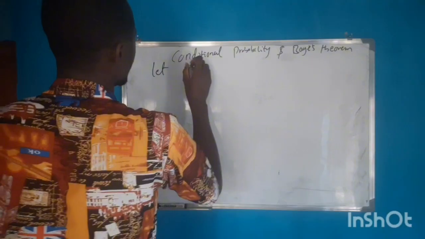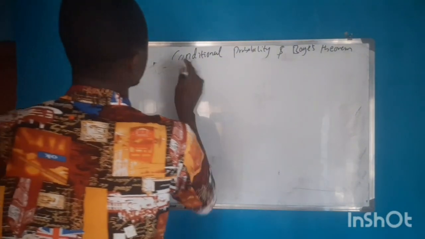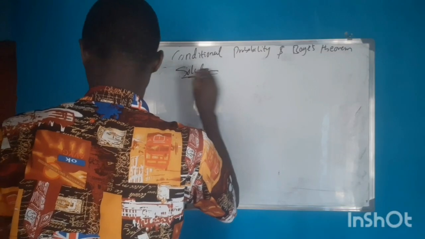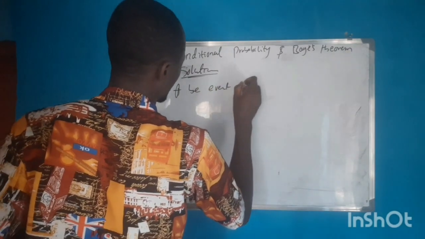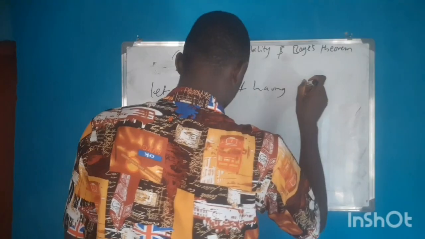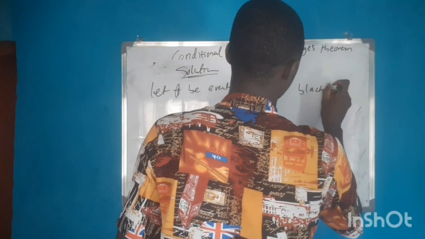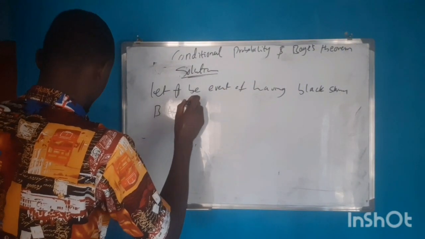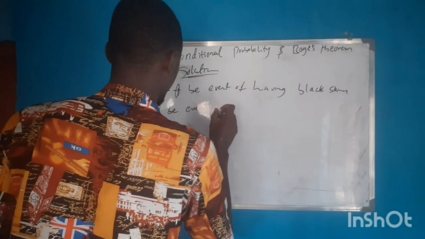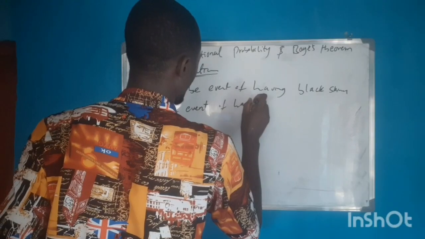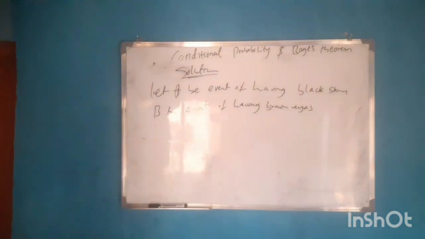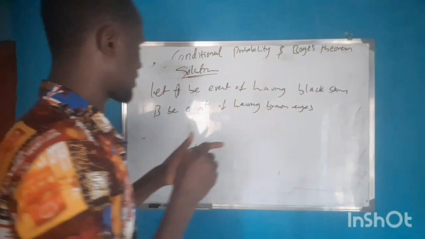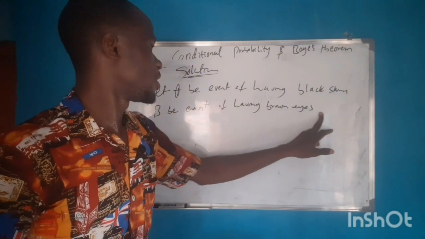Solution. Let A be the event of having black skin, and B the event of having brown eyes.